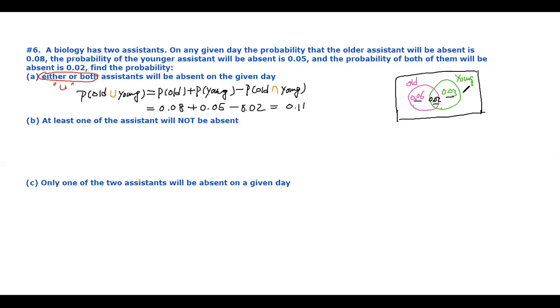Now, the second part is at least one assistant will not be absent.